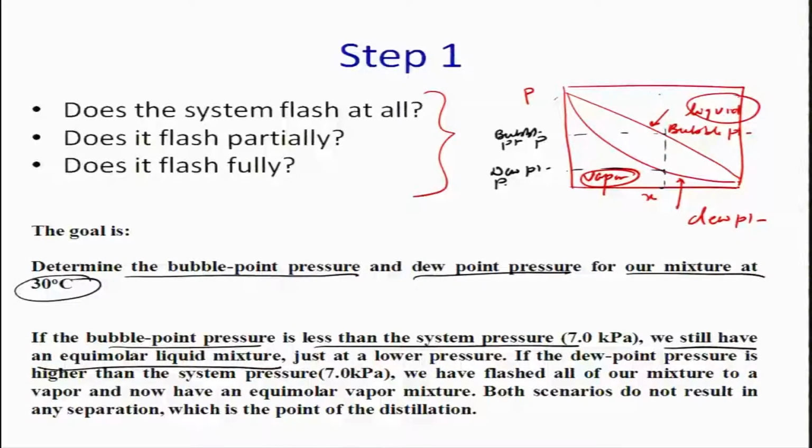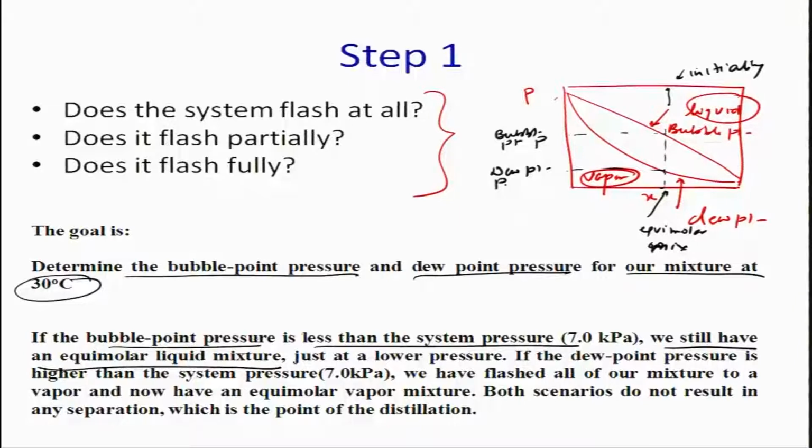To understand, let us assume that you are here initially, and finally, you are keeping the composition fixed. If you are only changing the pressure, and the final system pressure is more than the bubble point, then you will have a liquid mixture, but at a different, lower pressure. That is what the statement is.